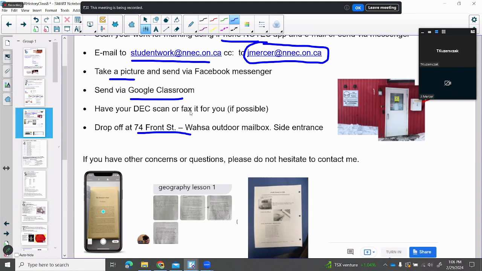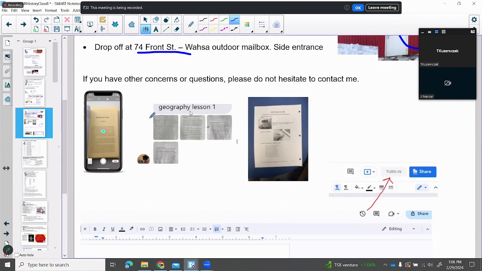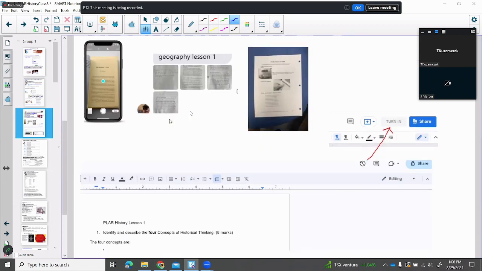There is a WASA mailbox on the side door, the one facing the post office. It's on the side entrance. Just make sure that you put your name on your materials that you're submitting. And if you have other concerns or questions, please do not hesitate to contact me.